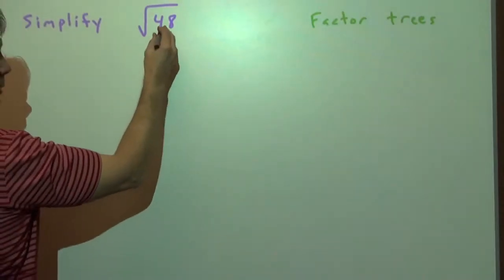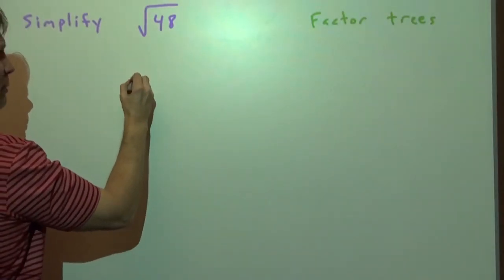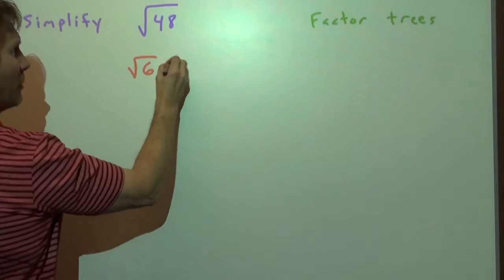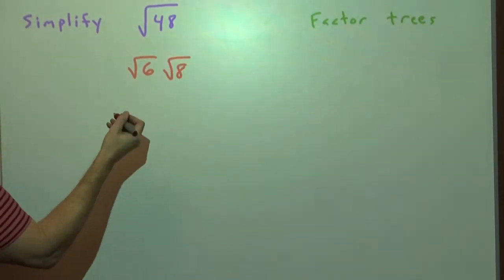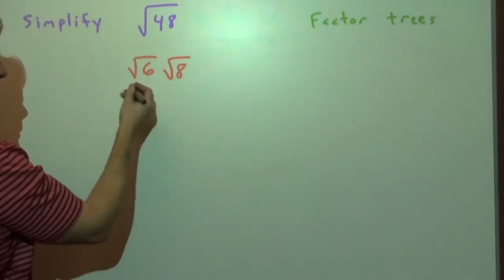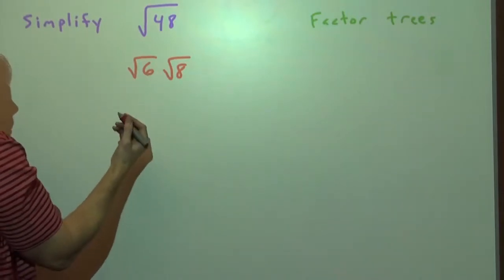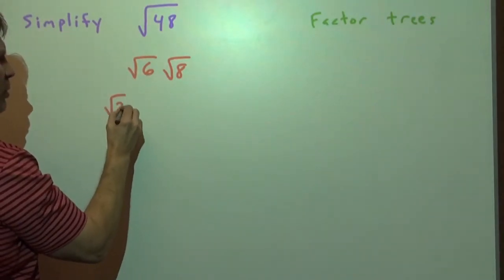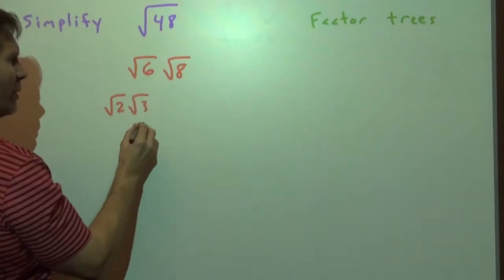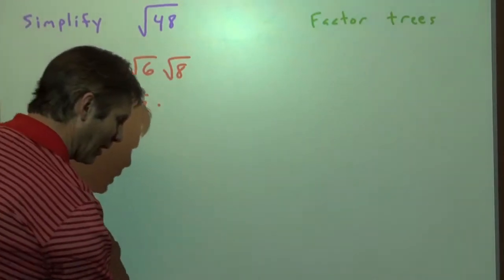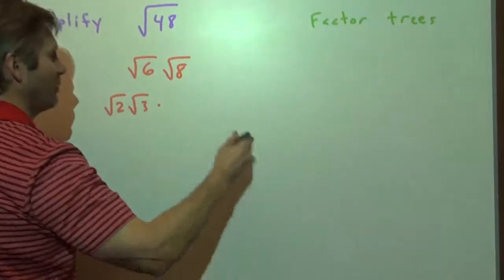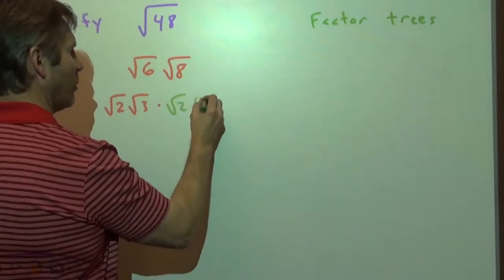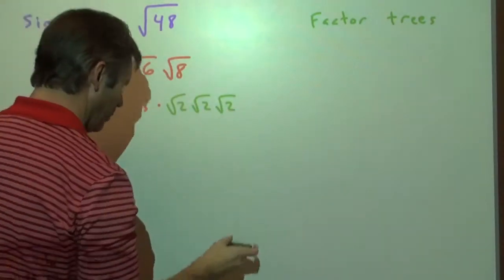We can say, okay, I'm going to write this as two factors. We could make this radical 6 times radical 8. Let's see, those don't match, but let's break this down. Radical 6 could be written as radical 2 times radical 3, and then we can write radical 8 as radical 2 times radical 2 times radical 2.